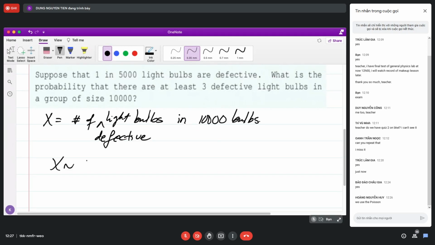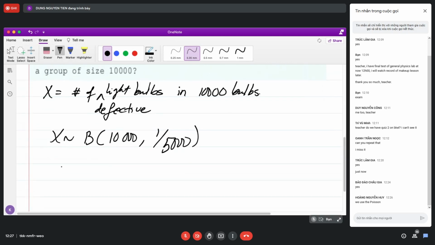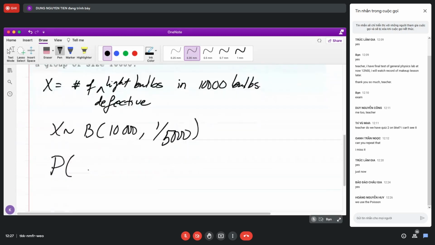Then X follows a binomial distribution with the two parameters 10,000 and 1 over 5,000. Then we can find the probability that X is at least 3.